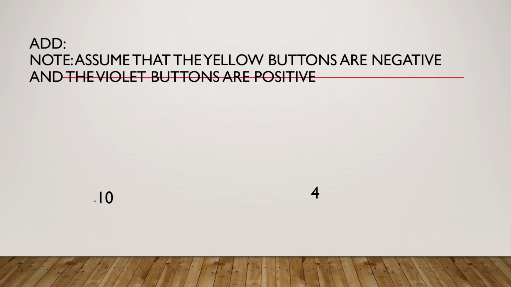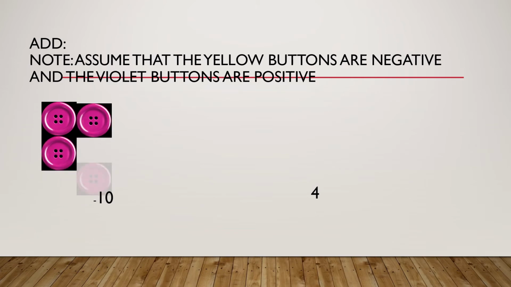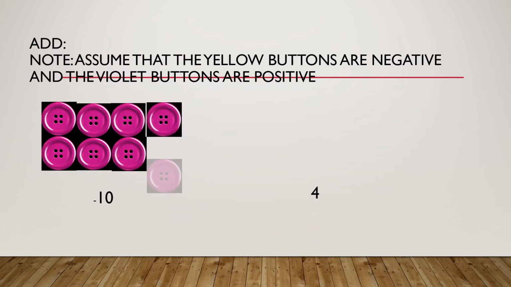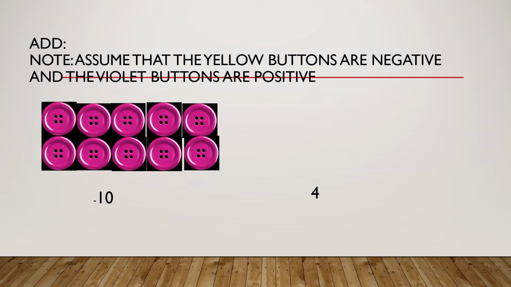Okay, let's assume that the yellow buttons are negative and the violet buttons are positive. 1, 2, 3, 4, 5, 6, 7, 8, 9, 10. So we have 10 buttons. So this is positive 10 because the violet buttons are positive.